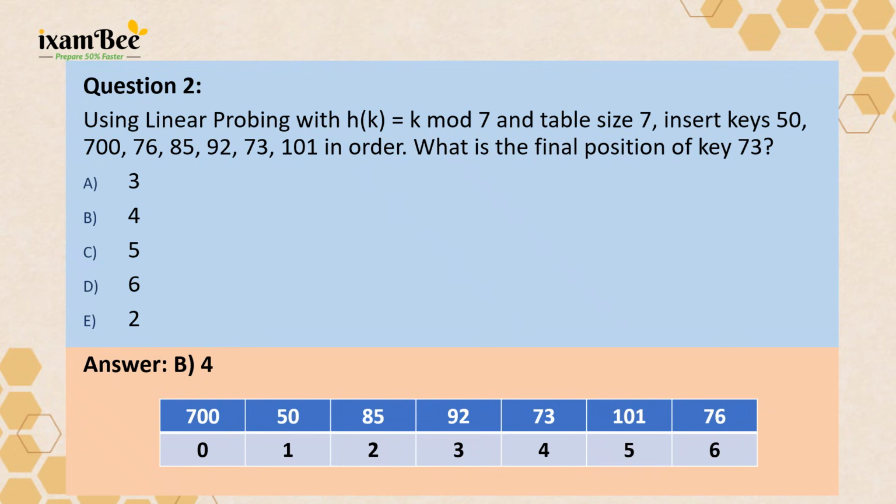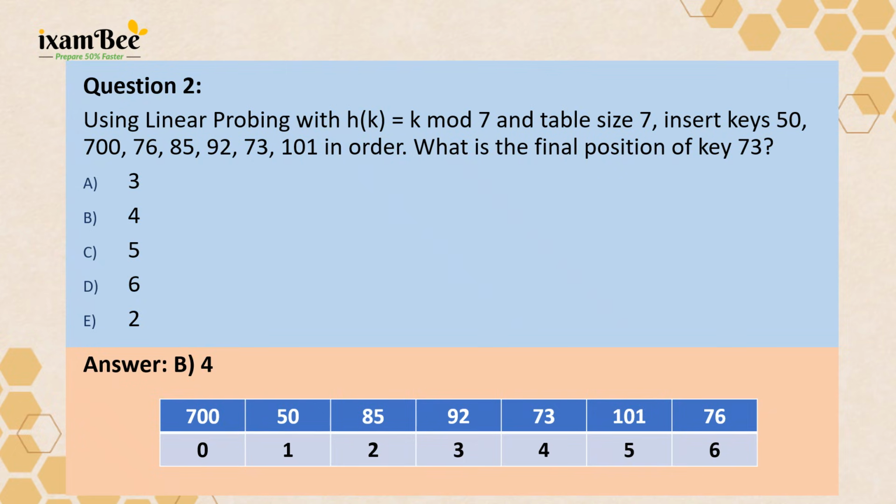Let us try to track this. 50 will be divided by 7 and it would give the remainder 1. So it will occupy the index position 1. Then comes 700, which gets the index position 0. Then 76. 76 will get the index position 6.